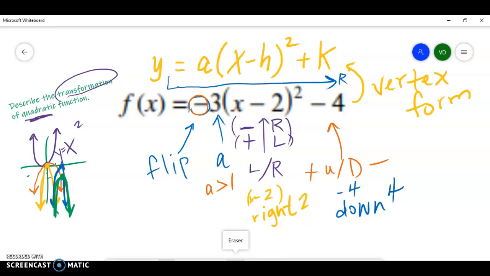Okay? So it did 1, 2, 3, 4 different things. It flipped down because of the negative sign. The a value made it stretch; it got tall and skinny.